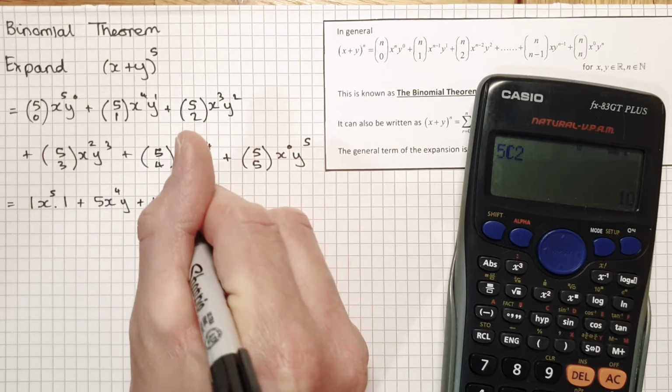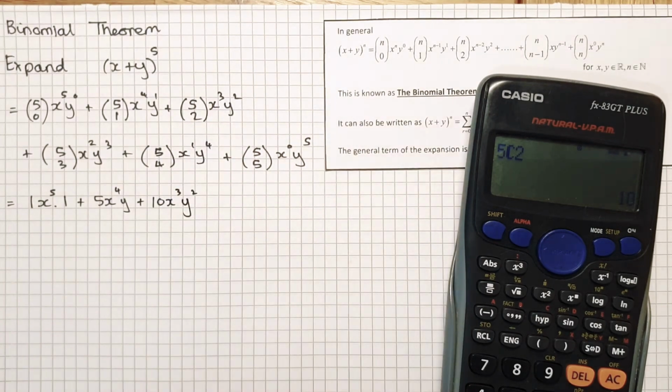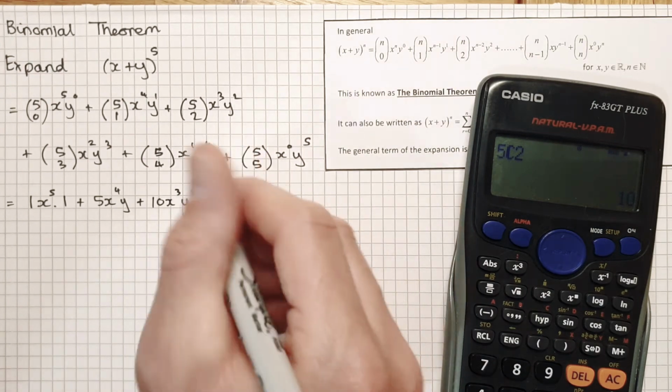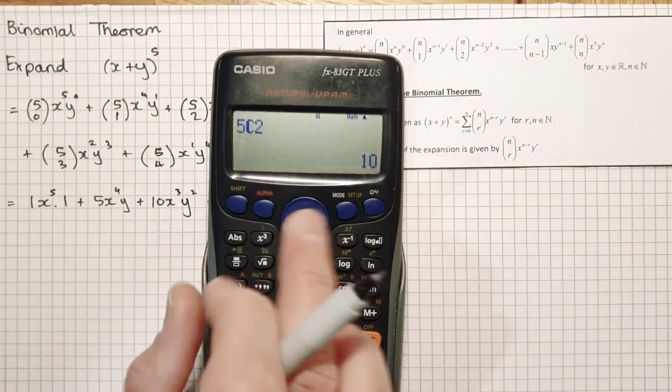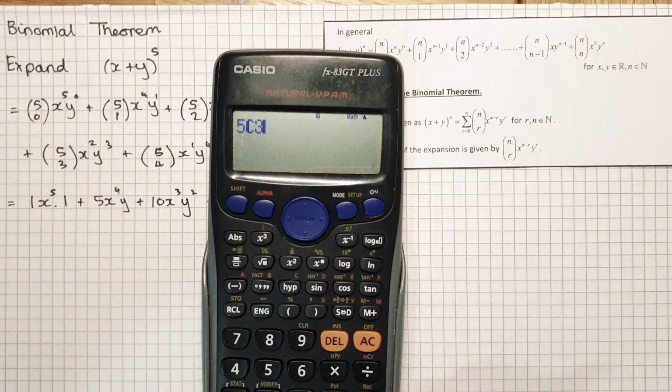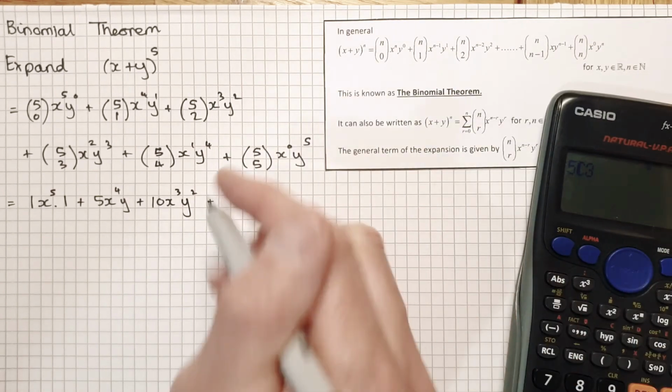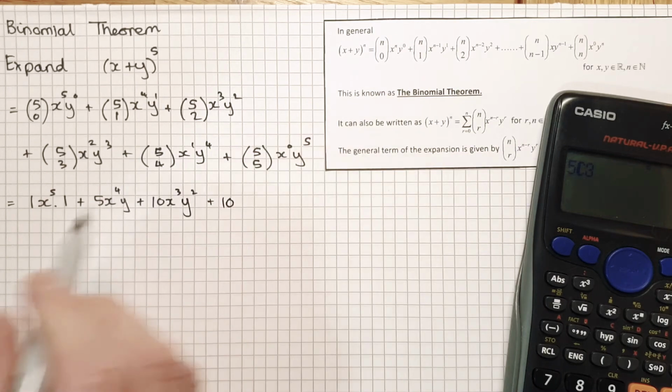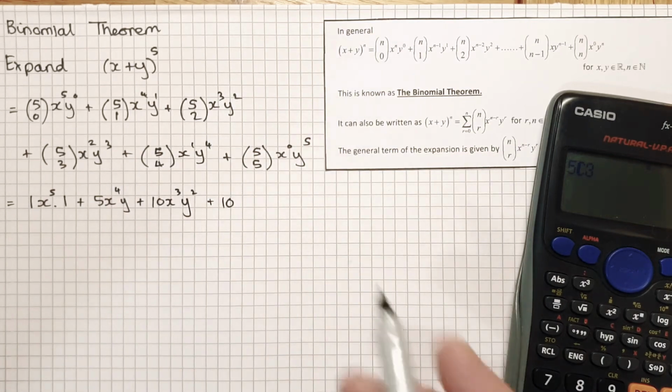x cubed y squared. Now, some of you will start to be able to remember Pascal's triangle off by heart, and you'll know if it goes 1, 5, you'll know, and then 10, you know what's going to come next, but if you haven't memorised, you will have to work it out. Plus, then we've got 10 again. So 1, 5, 10, 10, it goes 5, and then 1 after that.